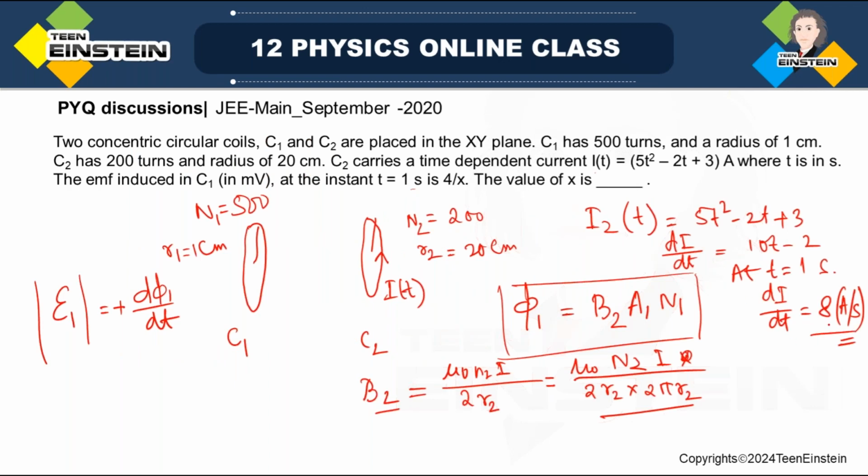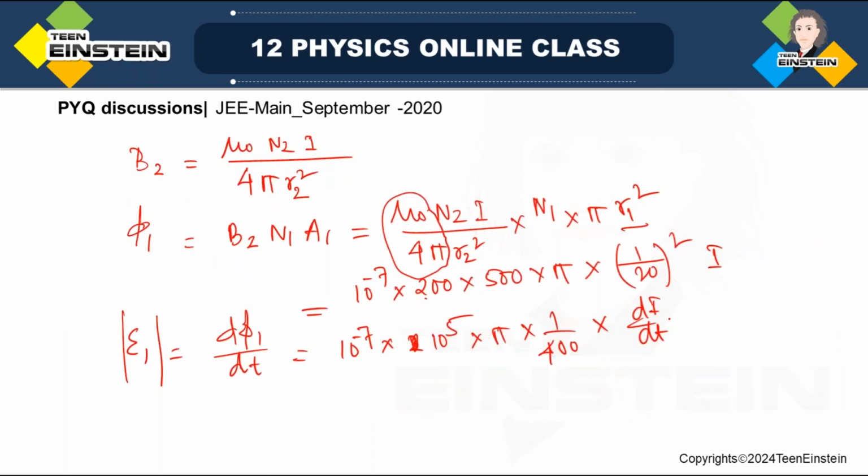Here we found that it is 8 ampere per second, right? So I'll write it here, 8 ampere per second. Now my things are all right. So I can actually find out the answer.